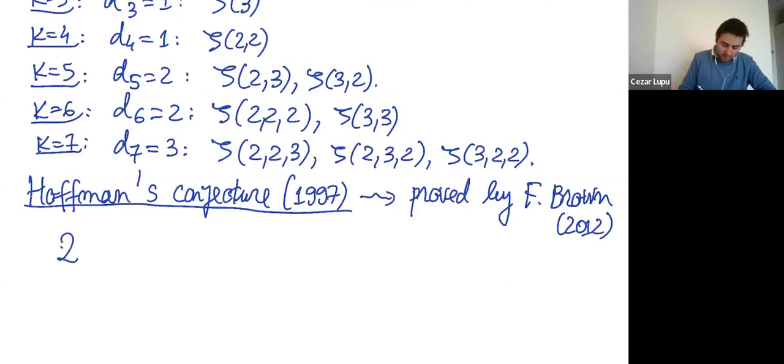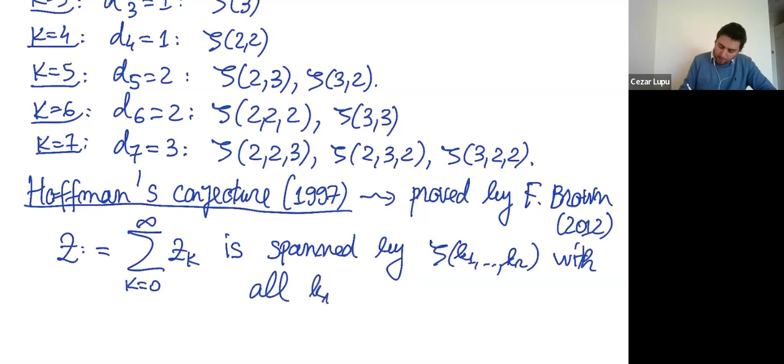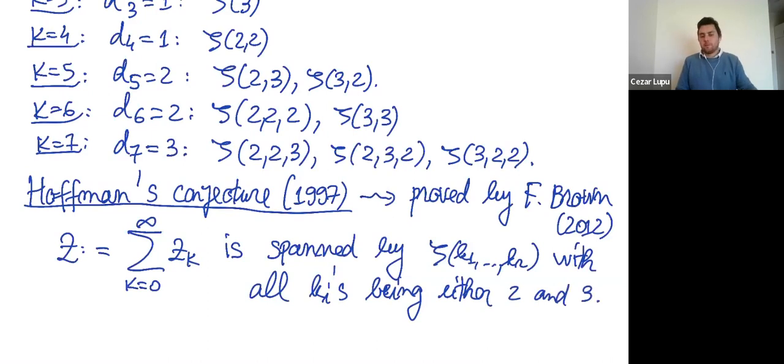In other words, the algebra of multiple zeta values is spanned or generated by these multiple zeta values with all k_i's being either 2 or 3.